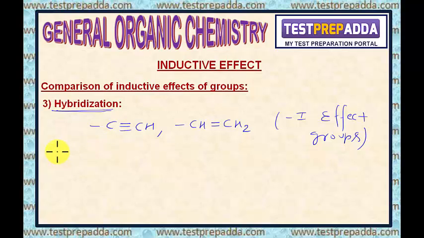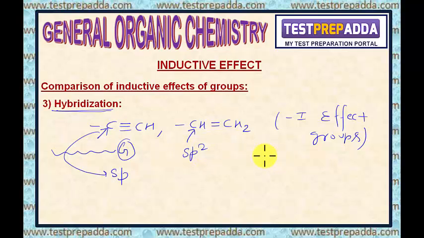Now if you attach these groups with the carbon chain, so this carbon is going to get attached with the carbon chain. This carbon is going to get attached with the carbon chain. If I ask you the hybridization of this carbon, it is sp. If I ask you hybridization of this carbon, it is sp2. If I take another example, CH2CH3, what is the hybridization here? sp3.